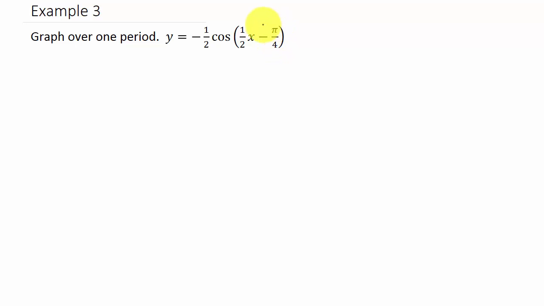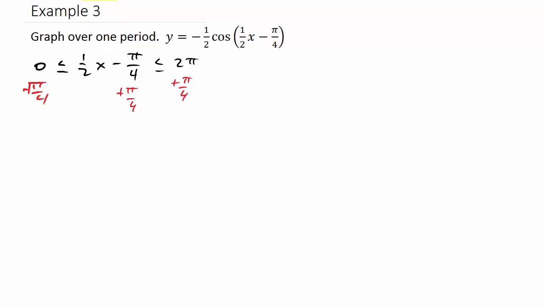Alright, so remember, whatever we're taking the cosine of, we're going to put between 0 and 2 pi. Alright, so let's see. I'm going to add the pi over 4 to everything.